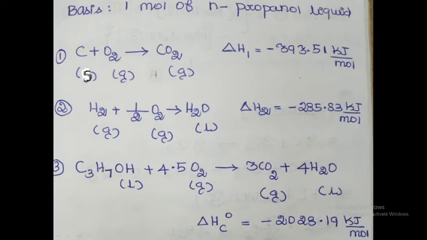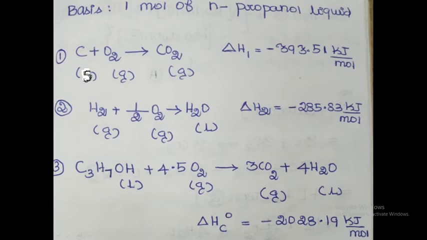Step number 2, refer to the combustion reaction. Which one is the combustion reaction here? Third reaction. So, refer to the combustion reaction. Identify the number of moles of combustion products formed. What are the combustion products here? Carbon dioxide and water.